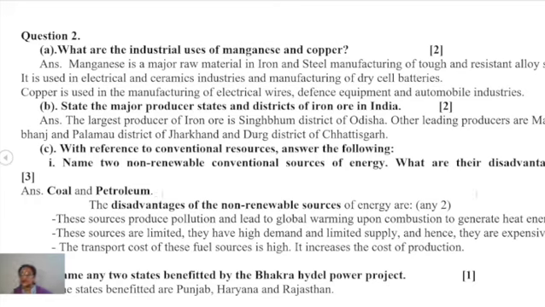What are their disadvantages? Their disadvantages are many. The first point is these sources produce pollution and lead to global warming upon combustion to generate heat energy. Number two is these sources are limited in quantity and have high demand and limited supply, hence they are very expensive.